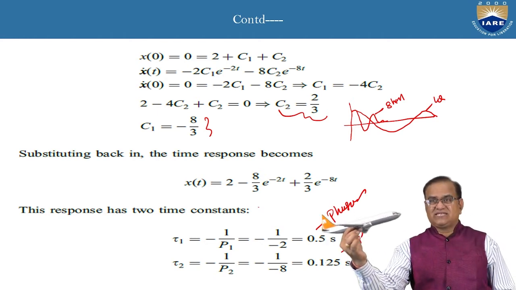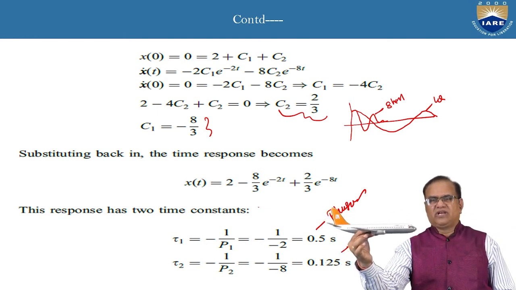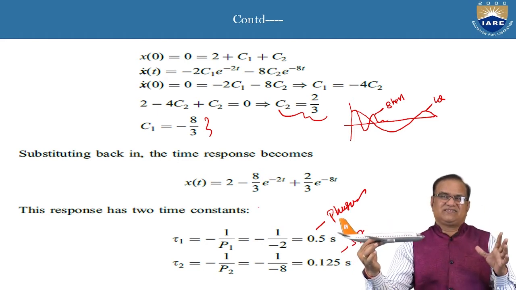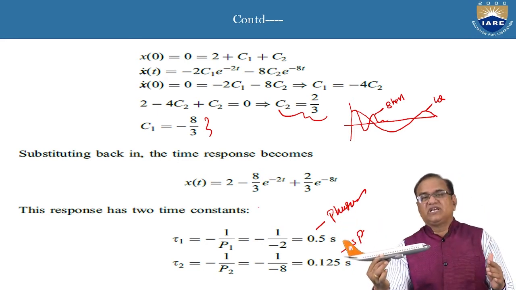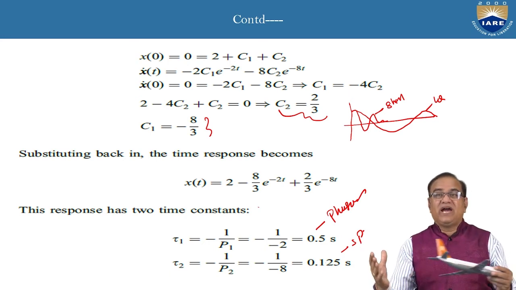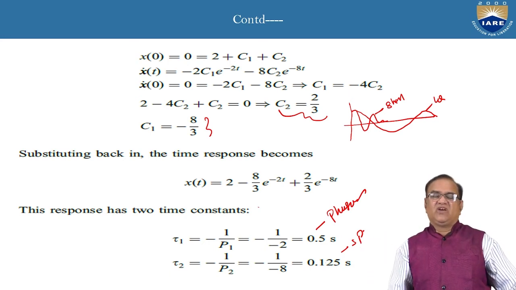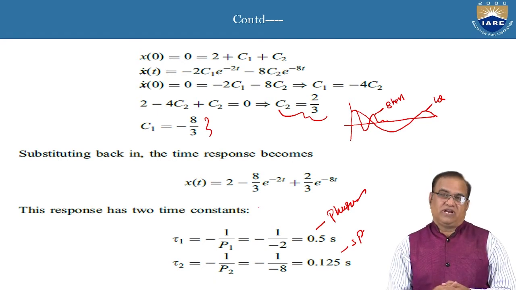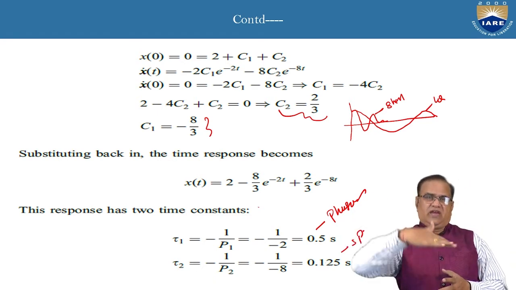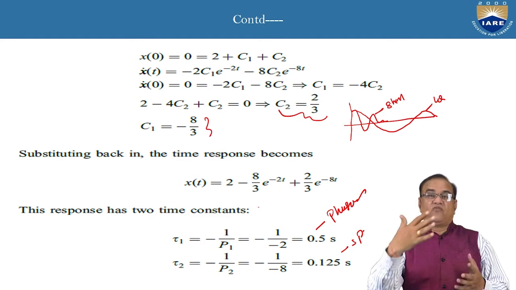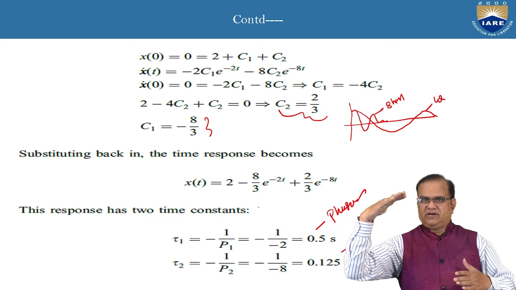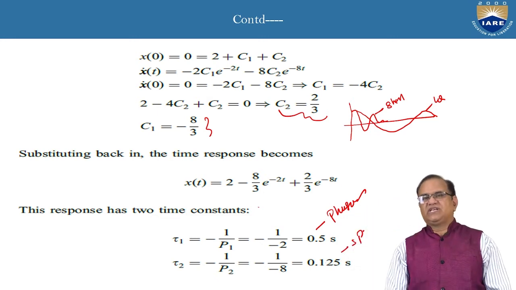But the second case is disturbed, and it takes a very small fraction of a second, 0.1 second, to come to its equilibrium position. So by this time factor, we can understand that if the time taken is more, the aircraft will go like this, like this. It is called phugoid. And if it is less time, if it is disturbed, it will come to its equilibrium.